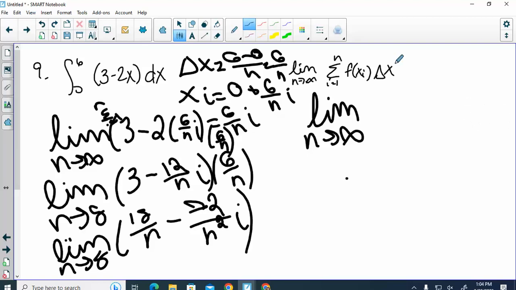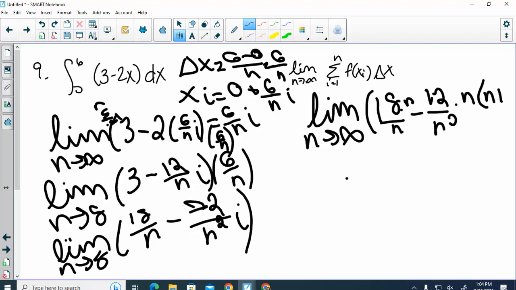So then you do 18 over n minus 72 n squared i, which is n. That's a 72, not a 12. Oops. Thank you. So then you can simplify. That would be 36, right? Because that's a 2 on the bottom.